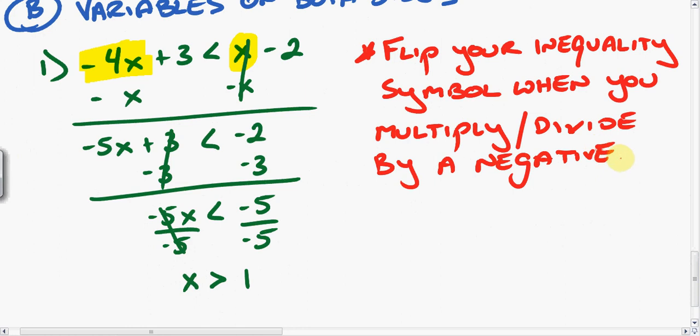So if you multiply both sides by a negative, which typically is done when you multiply by the reciprocal, or if you divide both sides by a negative, you're going to flip your inequality symbol. So our answer here is x is greater than 1.